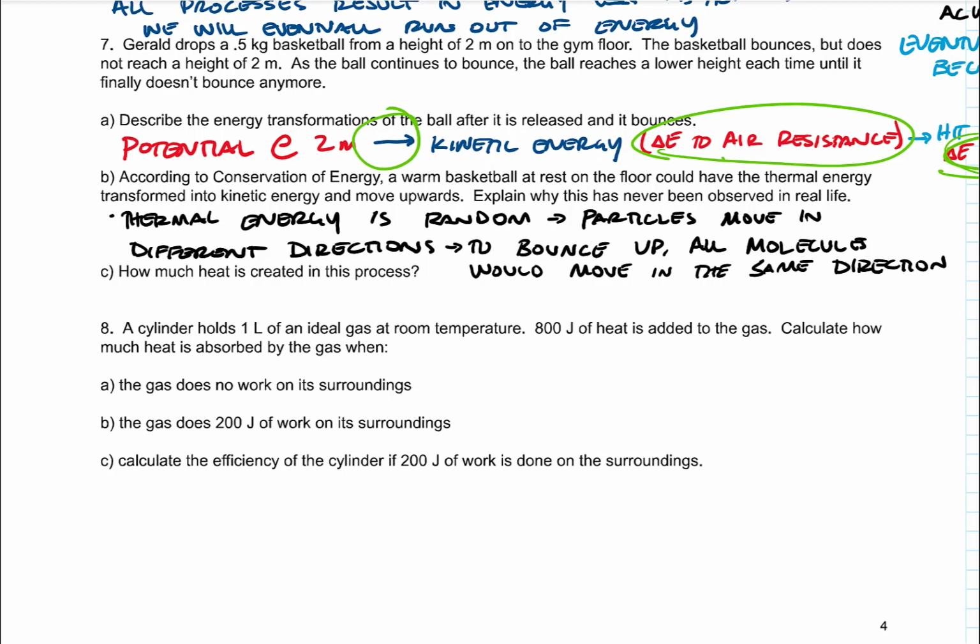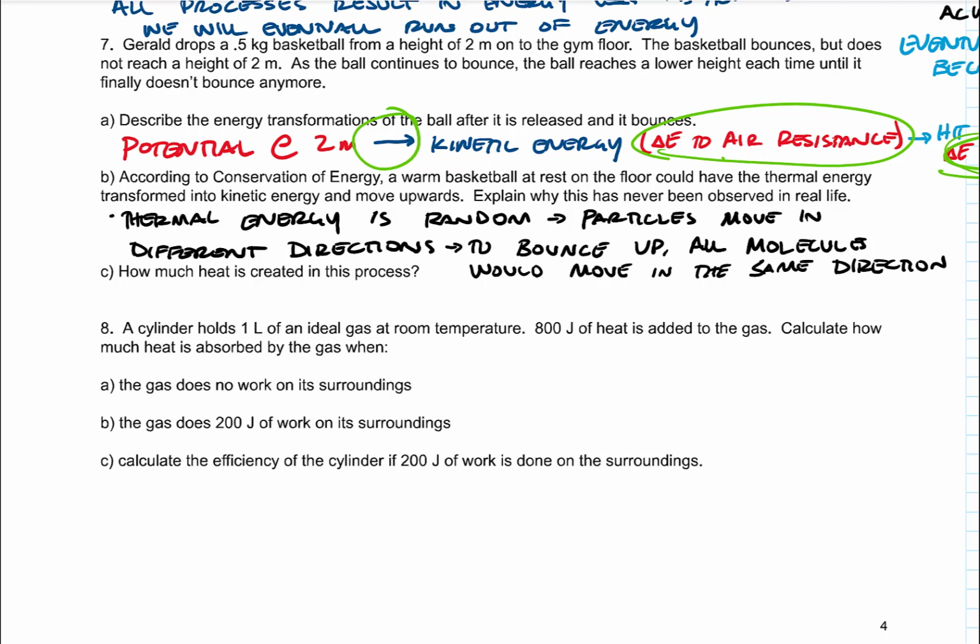Because that's not disordered, so we would never see that happen. And two, because we're talking about millions upon billions upon trillions of molecules inside of this basketball, getting them all to randomly decide to move in the exact same direction so that the ball has a net kinetic energy from them, or a net momentum from those particles, is statistically impossible. It's never going to happen.